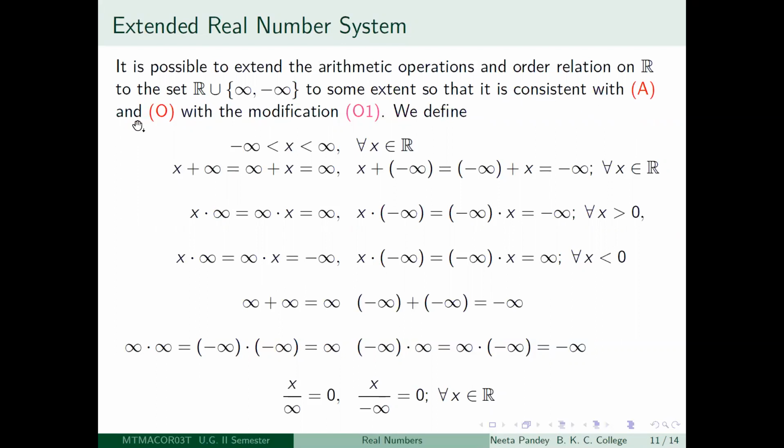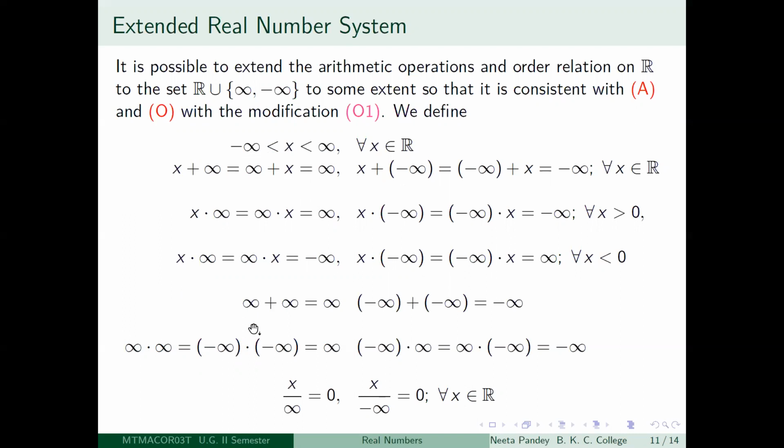So what would be natural is what I have listed here, that we would like any real number to be greater than minus infinity and less than infinity. So automatically minus infinity should be less than infinity. Again, if you take any real number and add it to infinity, you should get infinity. If you add it to minus infinity, you should get minus infinity.